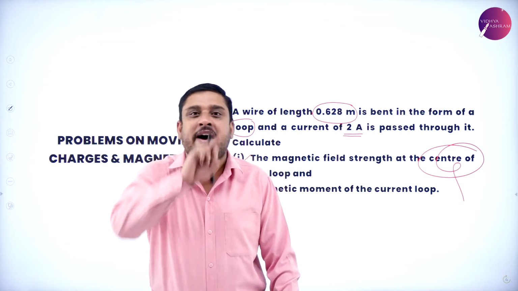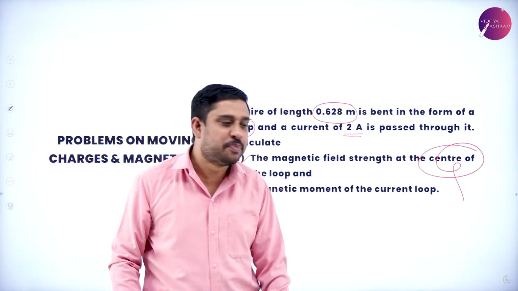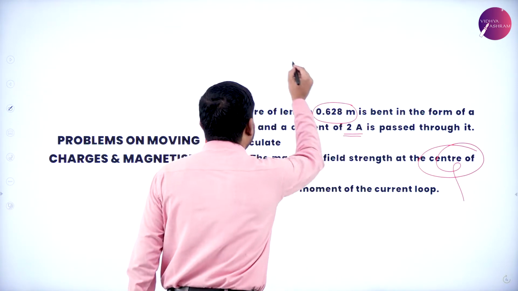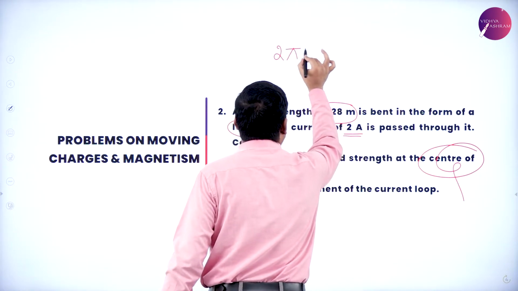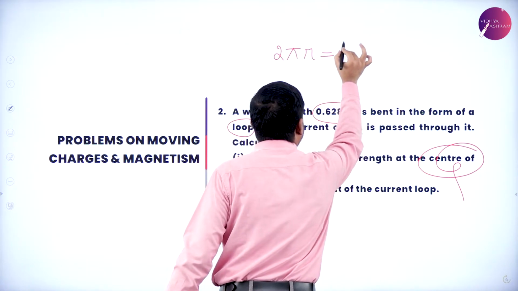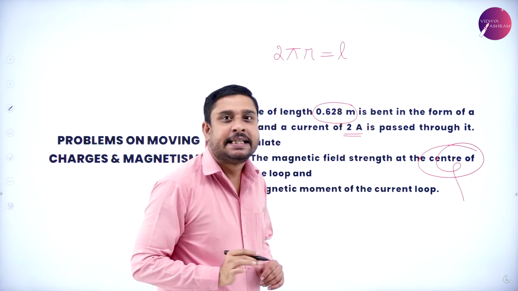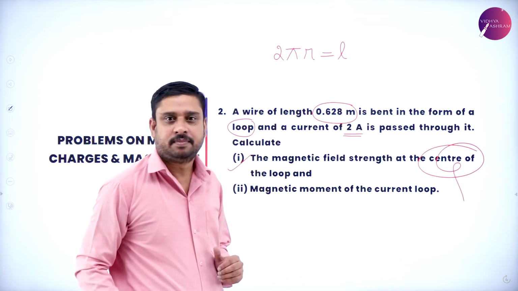It is modified as a circle, which means now the circumference of the loop is equal to the length of the wire.